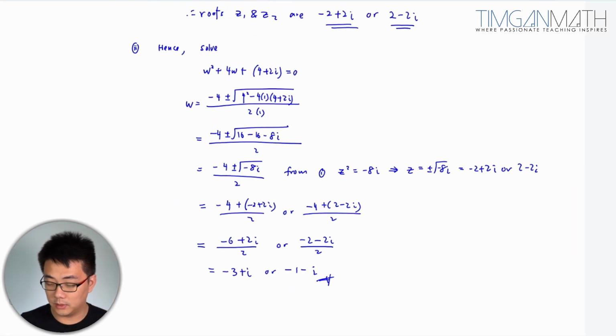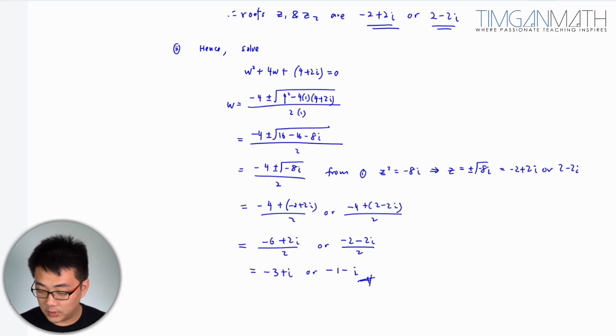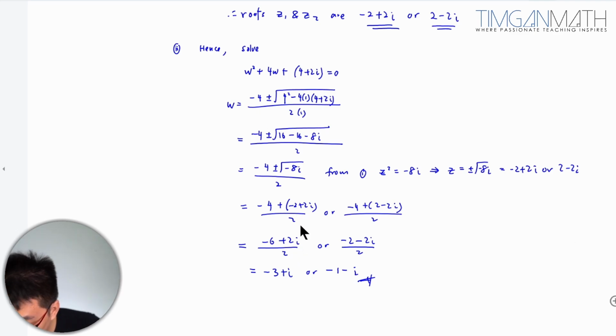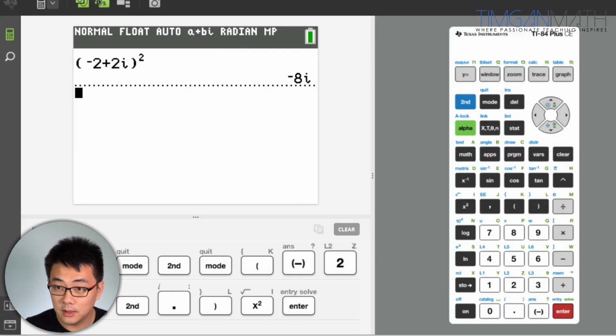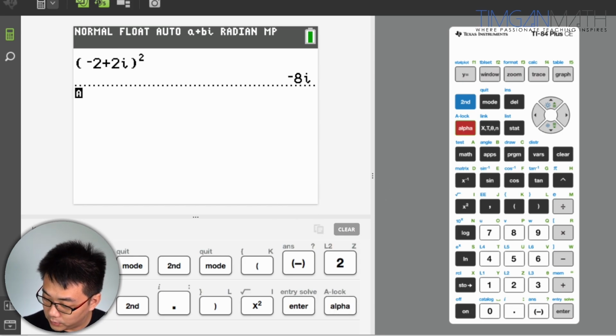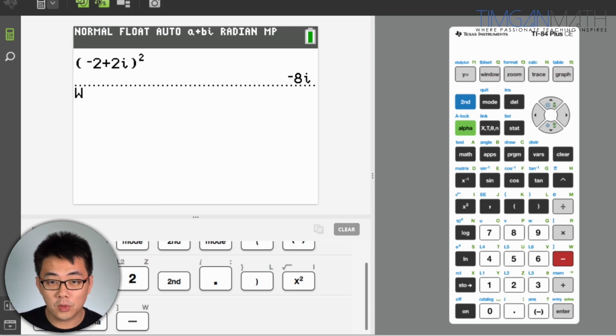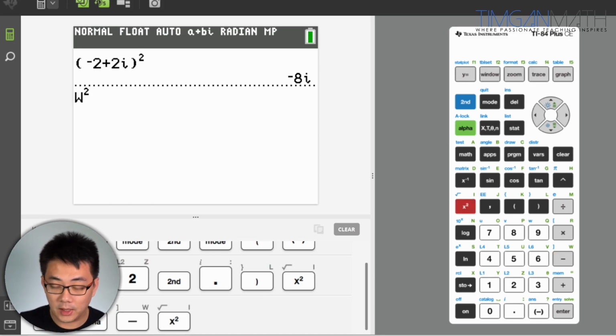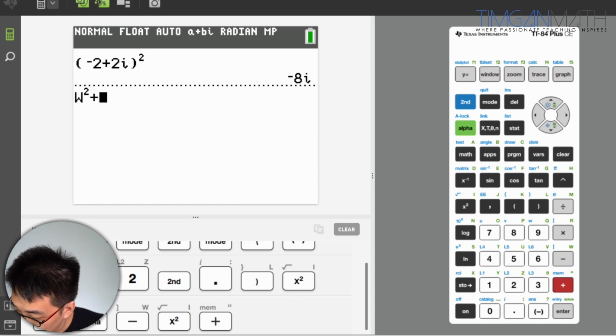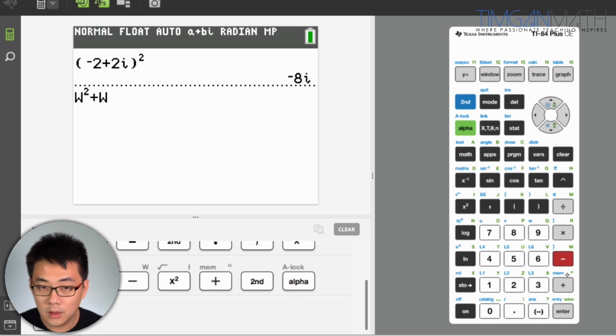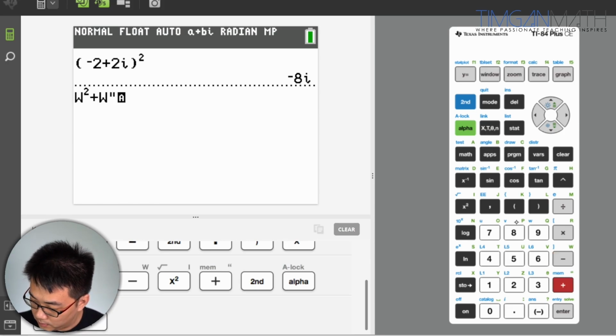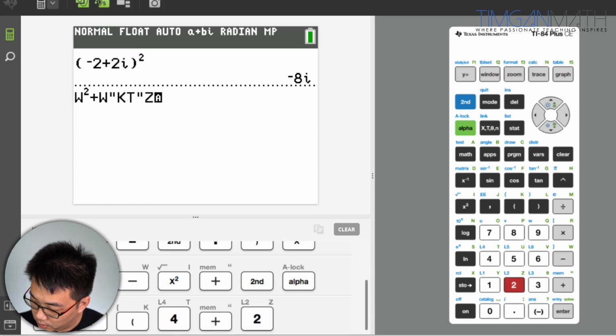Great. Same thing, what we'll do is put it in the calculator and check our answer. That's very important. I'm not sure whether you know that there's a function here. I'm going to key in w squared plus 4w plus 4 plus 2i.